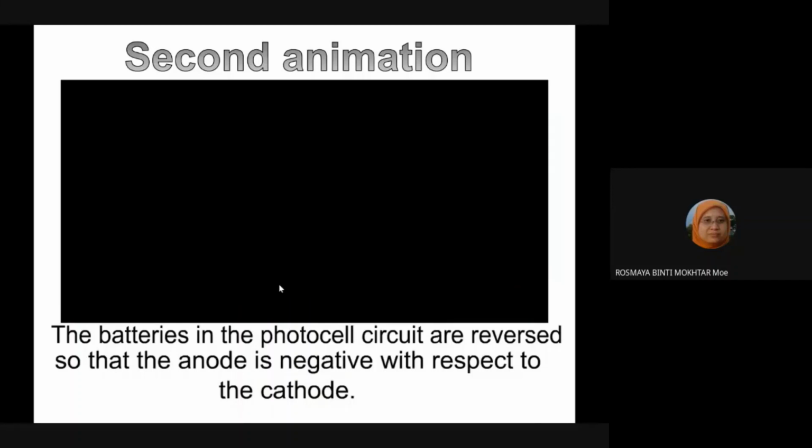Okay, so this happens when the batteries in the photocell circuit are reversed. We reverse the cell, so the anode becomes negative and the cathode becomes positive. In other words, the cathode becomes the anode and the anode becomes the cathode. I repeat the animation again.